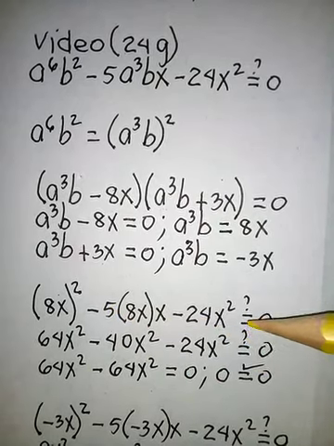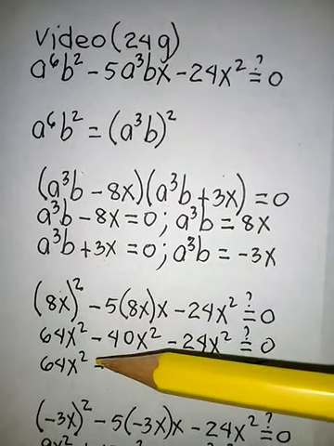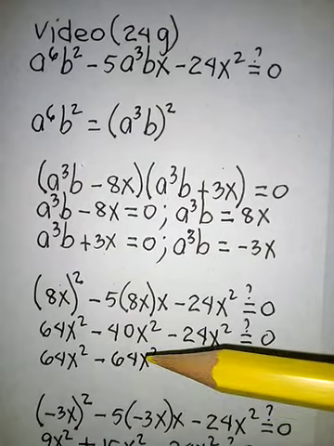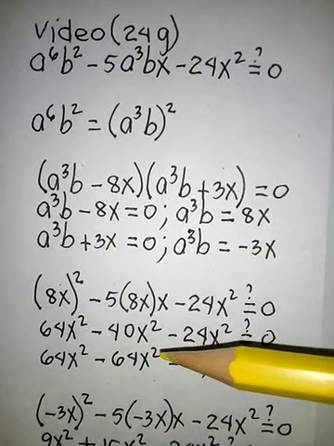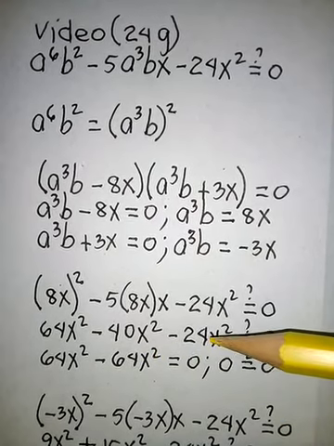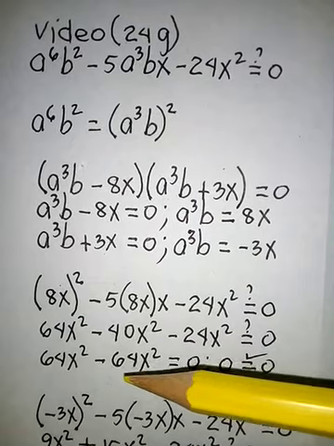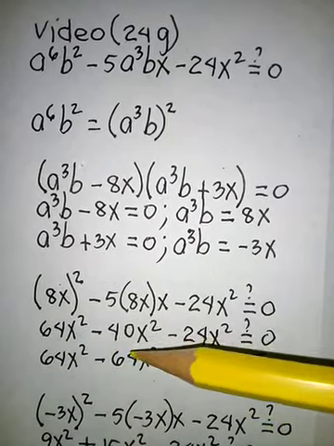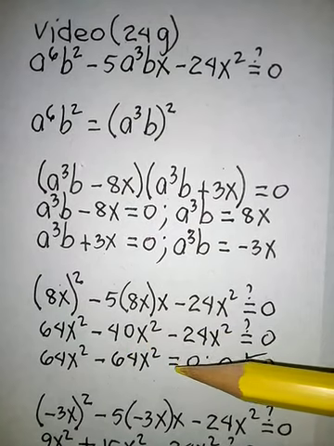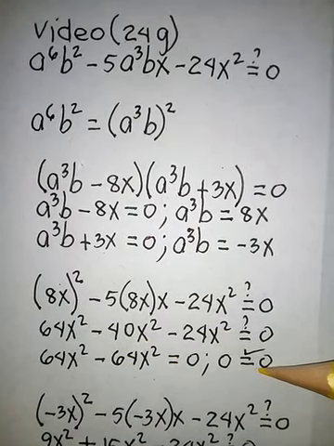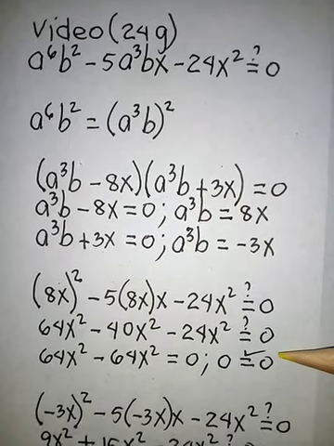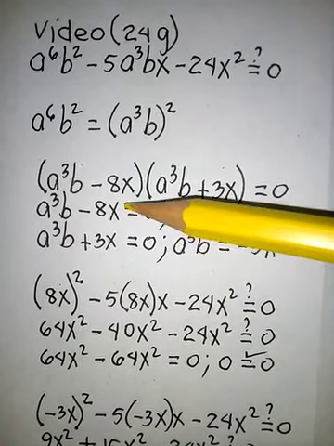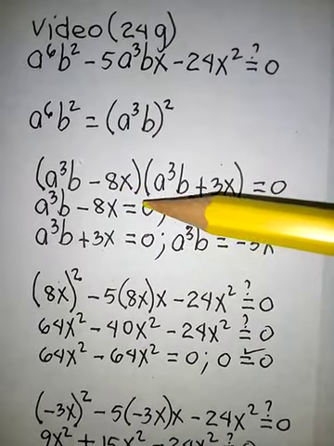Minus 24x squared. Is this equal to 0? 64x squared minus 40x squared minus 24x squared is equal to minus 64x squared. So 64x squared minus 64x squared is equal to 0. So 0 therefore is equal to 0. So therefore, the factor a cubed b minus 8x is correct.